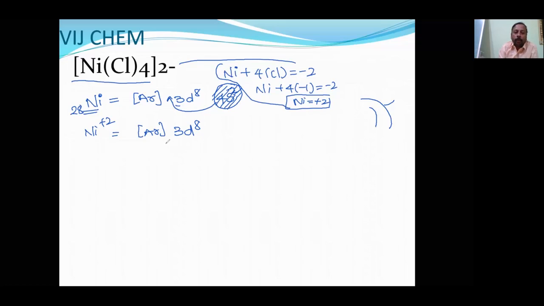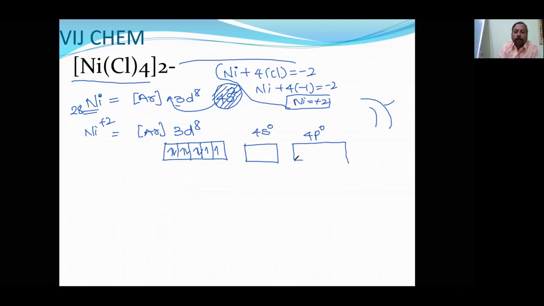3d8. Now according to Hund's rule of maximum multiplicity, electrons are to be singly occupied. Then pairing is done, 3d8. Now it will be 4s0, then 4p0. Is it understood? And now we are studying not covalent bond, we are studying the coordinate covalent bond.